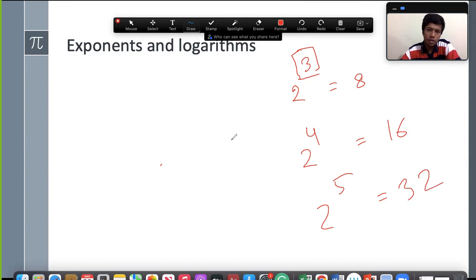Now, in the logarithm, what will happen is this base will remain the base, and the answer will come here. This is the answer. And then you will be asked to find the power from here. So what is it? The fun part is, the answer is actually 3 here.